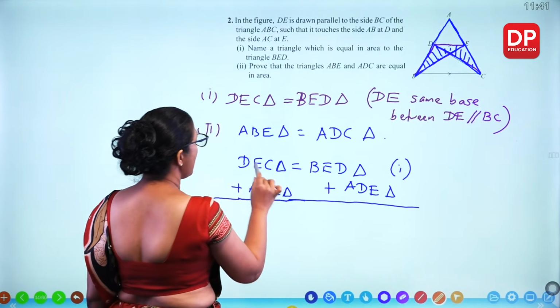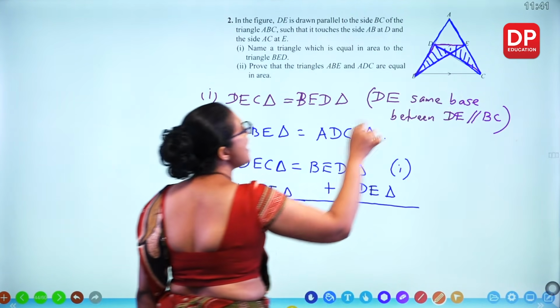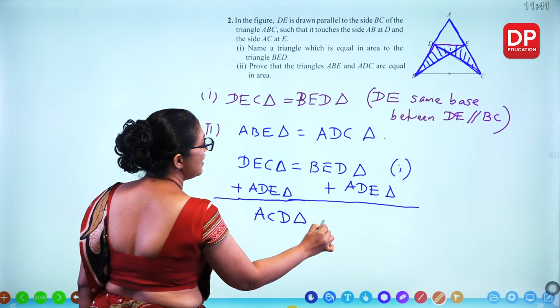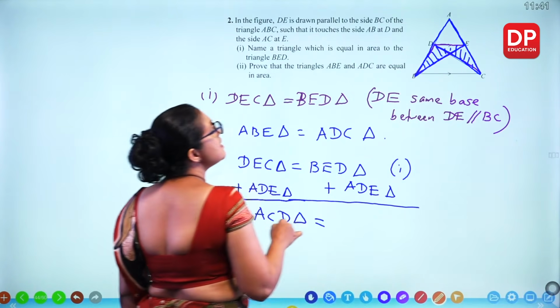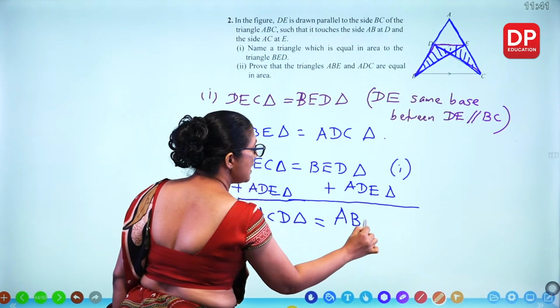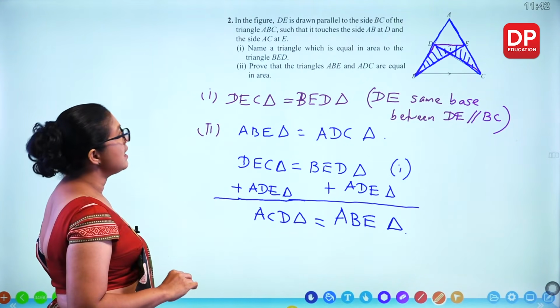Now, if I add DEC, this one and this, I'm getting triangle ACD. This one is triangle ACD. And if I add BED and ADE, I'm getting triangle ABE. So both are equal.